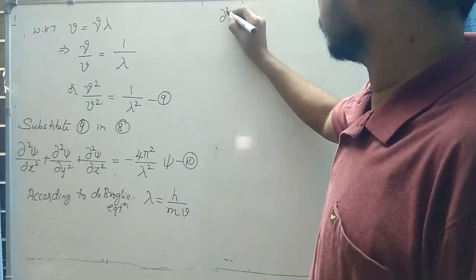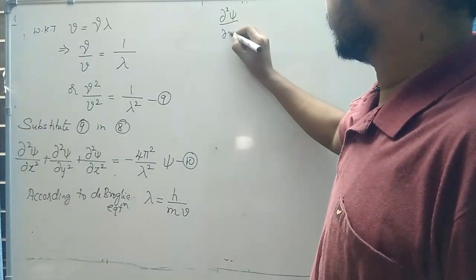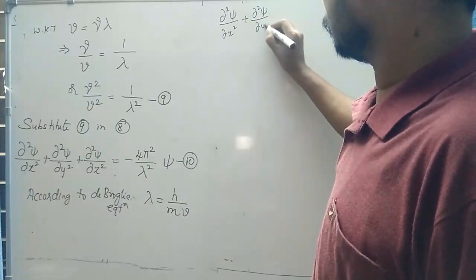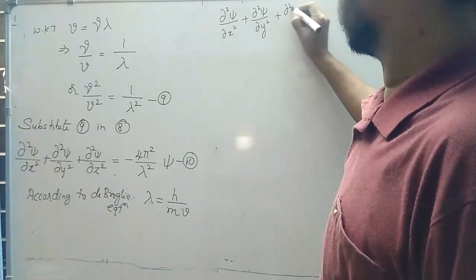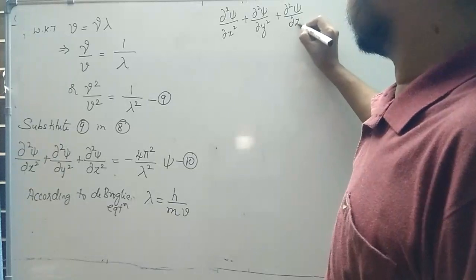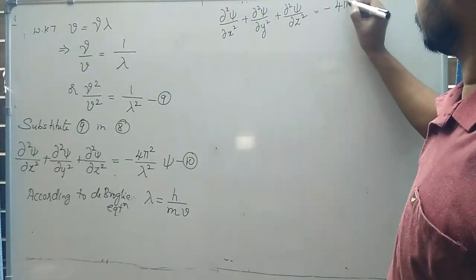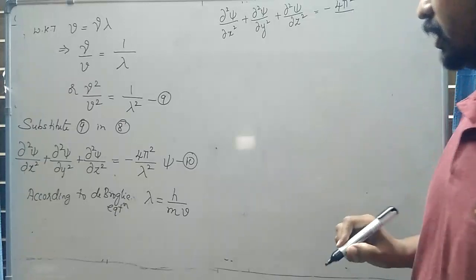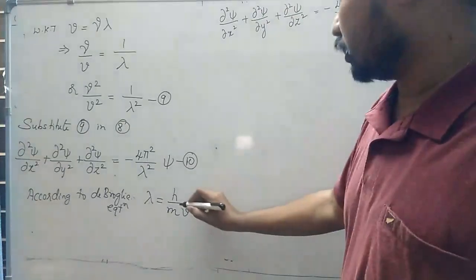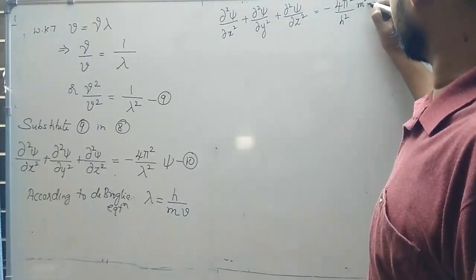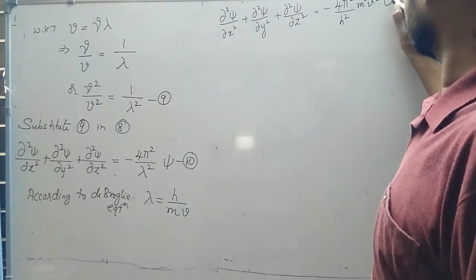You get dou square psi by dou x square plus dou square psi by dou y square plus dou square psi by dou z square is equal to minus 4 pi square divided by h square into m square v square into psi.